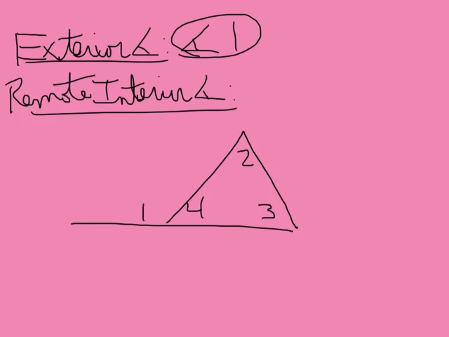The interior angles, if I can get this right. So the word you need to write in is adjacent. The interior angles that are not adjacent to your exterior angle. So 1 is the exterior angle. 4 is adjacent. But your remote interior angles are going to be 2 and 3. They're the remote interior angles.